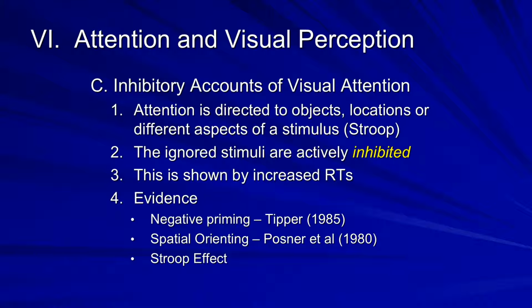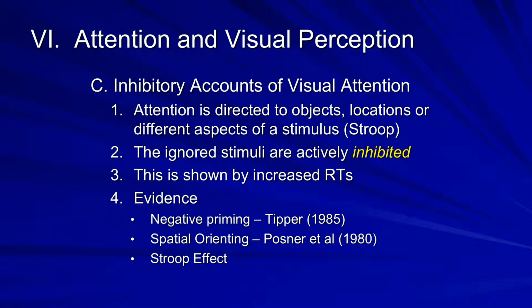In a negative priming experiment, usually they have two overlapping things, like drawings in Steve Tipper's classic experiment, and they pay attention to one and ignore the other. And usually it was basic line drawings of musical instruments. And what they found is that participants were much slower at identifying whatever had been ignored immediately following. And that's what they called negative priming.